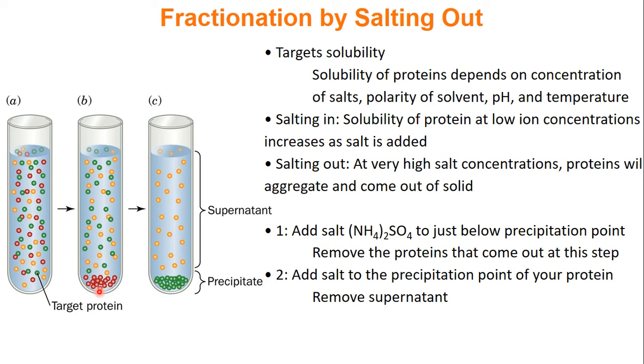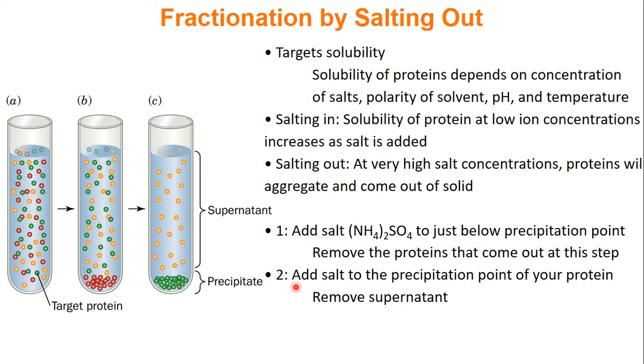So let's say your red protein here has a lower solubility than your green protein, so you add enough salt just before your green would come out of solution. And here, after this happens, you would remove the supernatant, that is, you would remove all the liquid portion and put that into a new test tube, and so your red would be separated out.